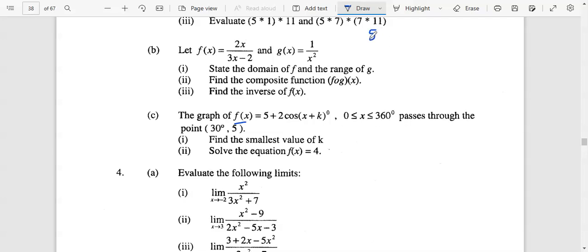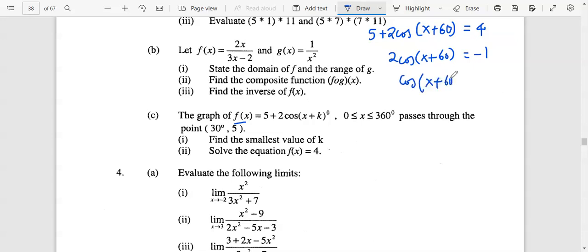So this is going to be 5 plus 2 cos(x + 60), where there is k, we put 60, equal to 4. I take 5 the other side, we are going to have 2 cos(x + 60) being equal to -1. Divide both sides by 2, so that means cos(x + 60) is going to be equal to -1/2.